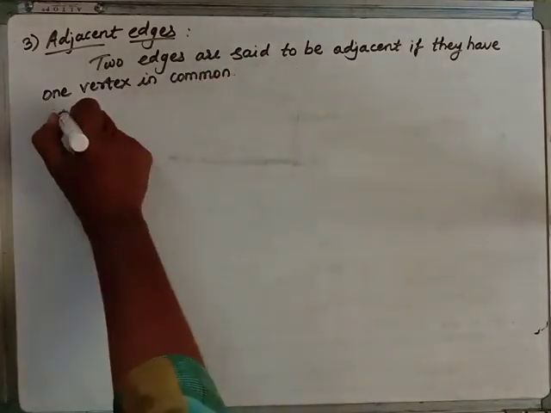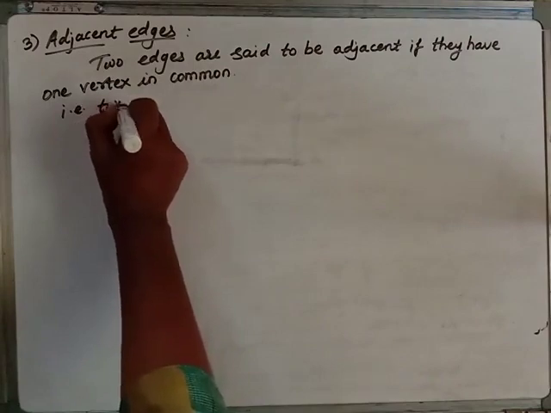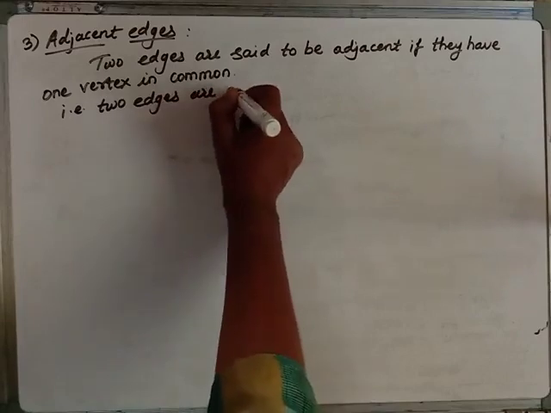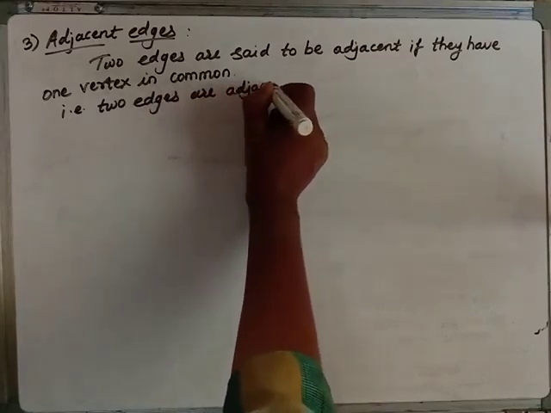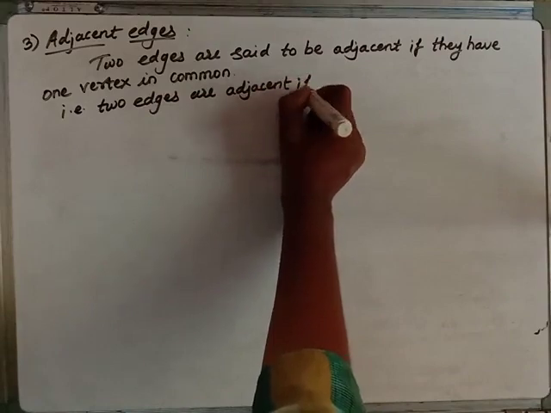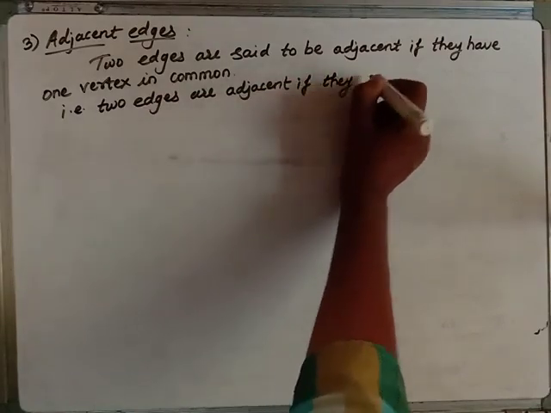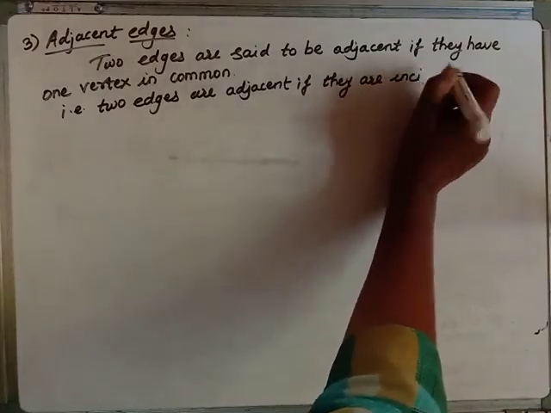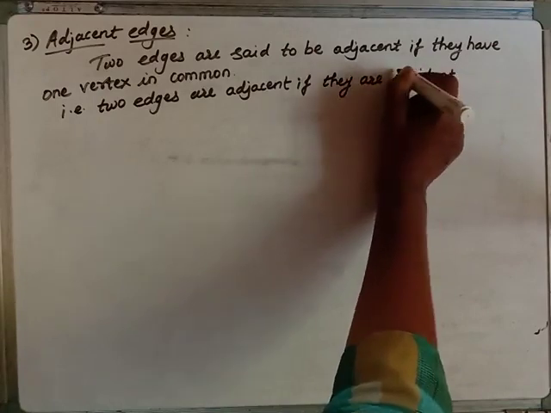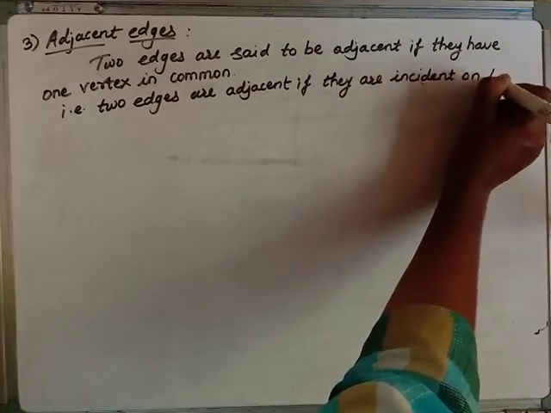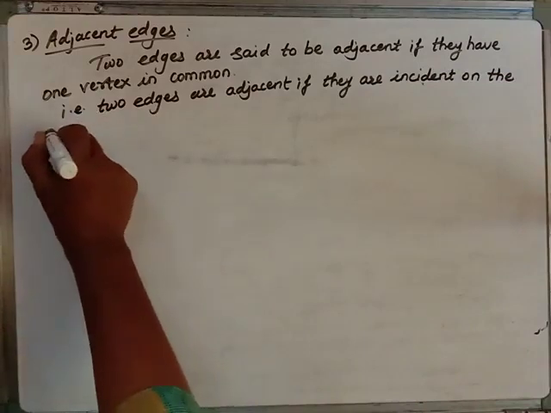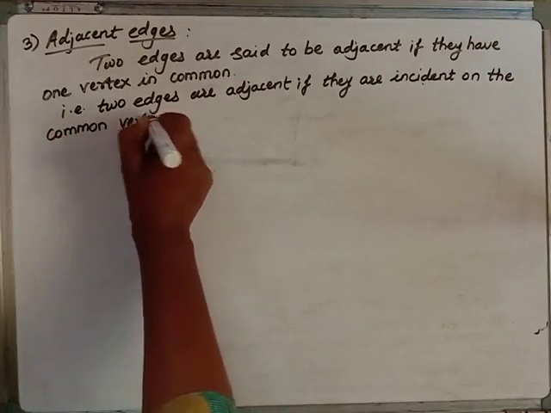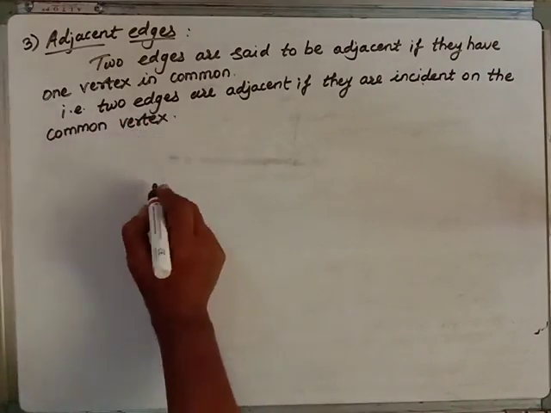That is, two edges are adjacent if they are incident on the common vertex. Incident on the common vertex.